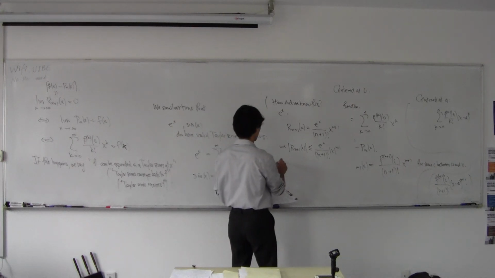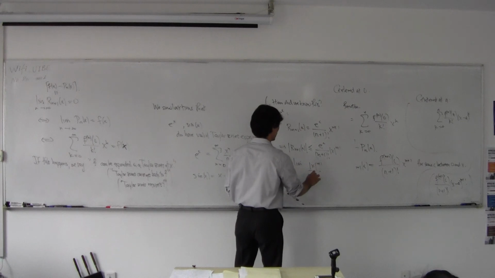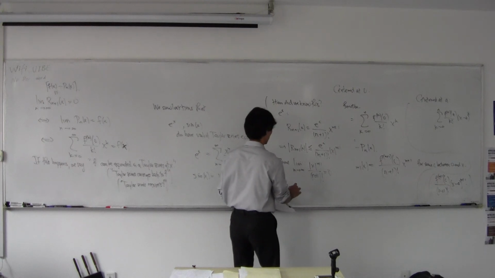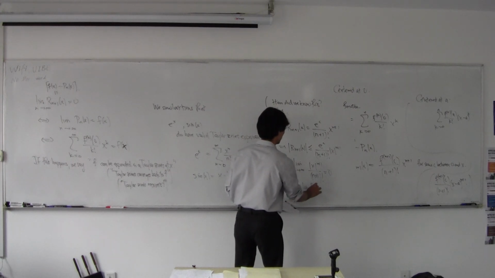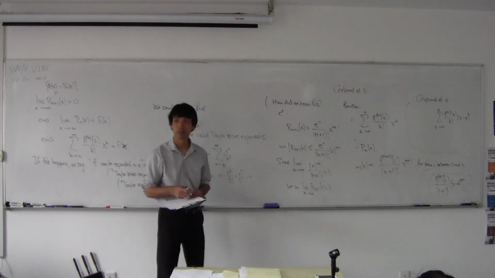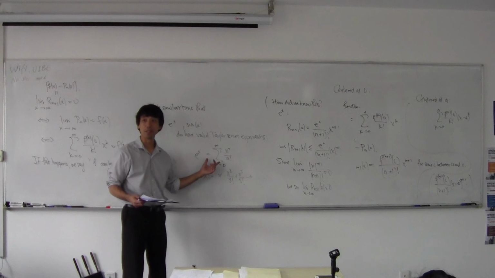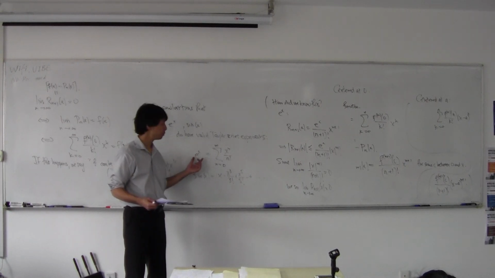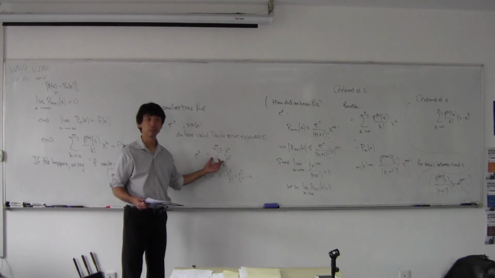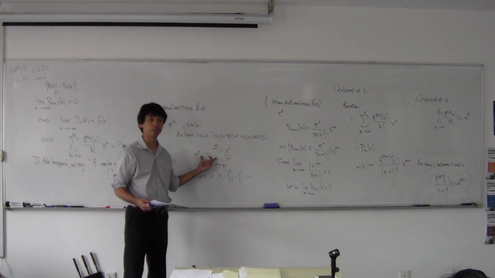And since the limit of x to the n plus 1 over (n plus 1) factorial is 0, we see that the limit of the errors is 0 as n goes to infinity. That allowed us to say that it does have a valid Taylor expansion, because the difference between the function and the Taylor polynomials goes to 0.